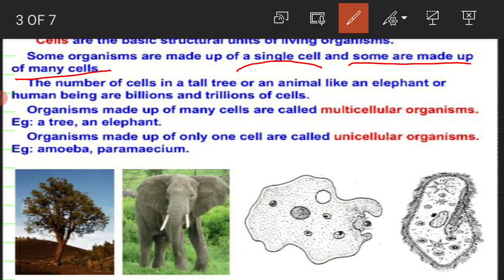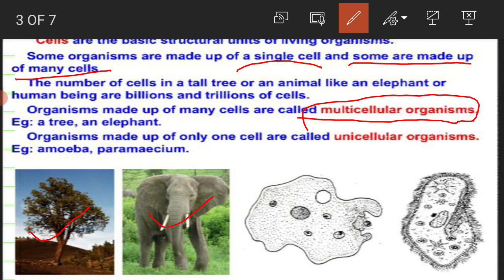Here in this picture, this tall tree or the animal like an elephant or a human being are made up of billions and trillions of cells. And organisms made up of many cells are called multicellular organisms. So what are multicellular organisms?